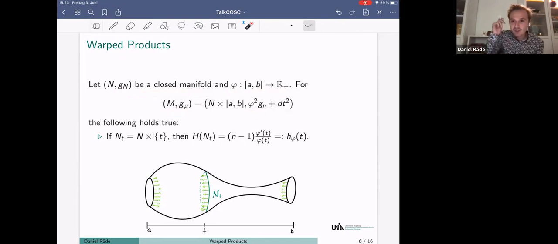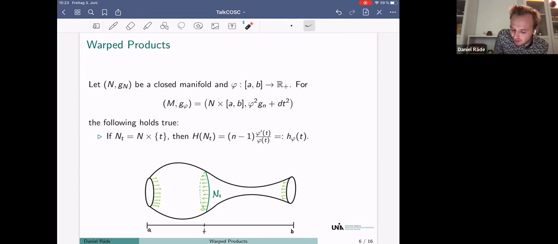There are some interesting formulas that we need to know. The first is about the mean curvature of a slice. N_t will be just a slice in this product, and I look at the mean curvature of N_t with respect, again, to this interior unit normal vector field.